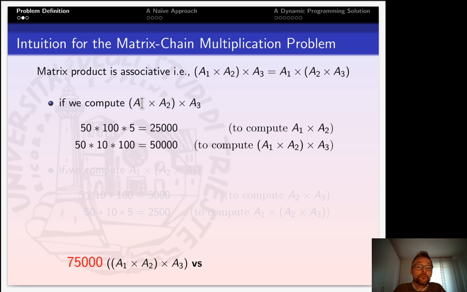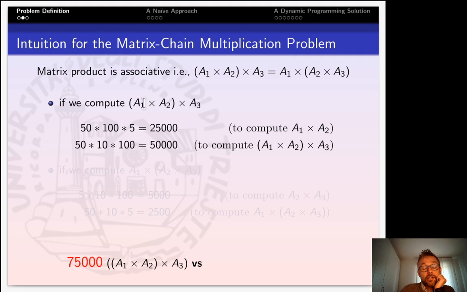Since A1 has size 50 times 5, so 50 rows and 5 columns, while the matrix A2 has size 5 rows and 100 columns, the number of elements in the resulting matrix is of course 50 times 100.